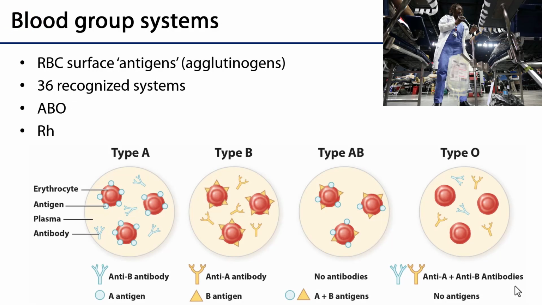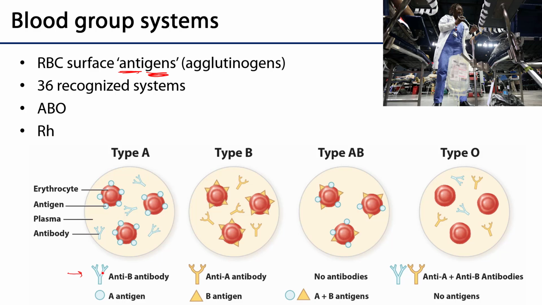So blood group systems are based upon the surface membrane proteins of red blood cells. In this case, we refer to them as surface antigens, and an antigen is a substance that generates an antibody. Antibodies are produced by plasma cells, which are derived from B cells, and they look like Ys.